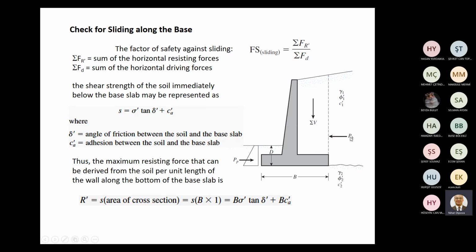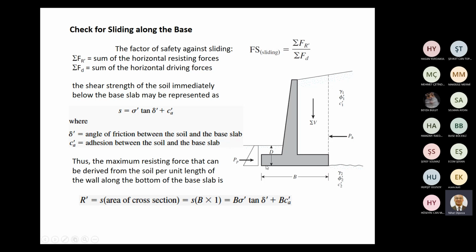The reason, again, for sliding of this wall is the horizontal component, and the resisting force is resistance due to friction along this base.